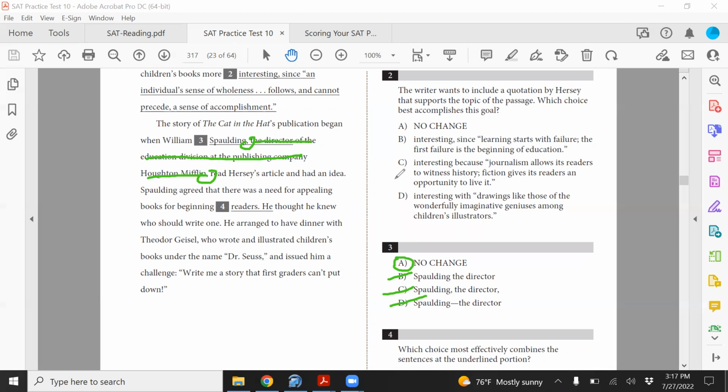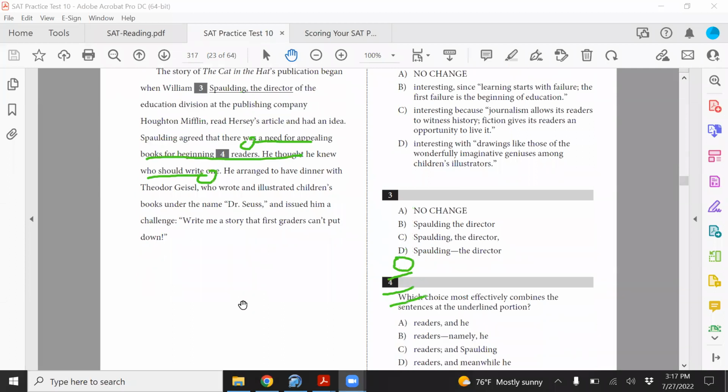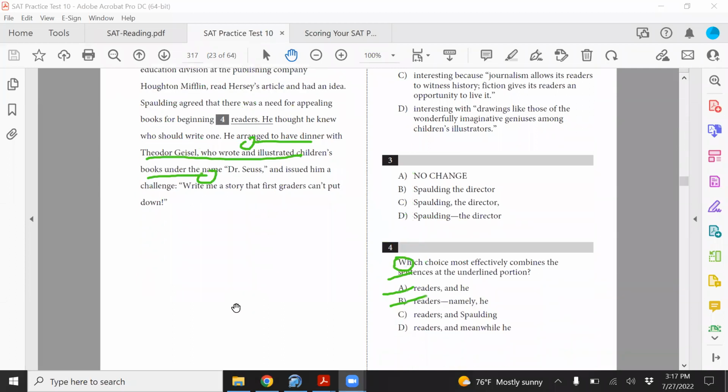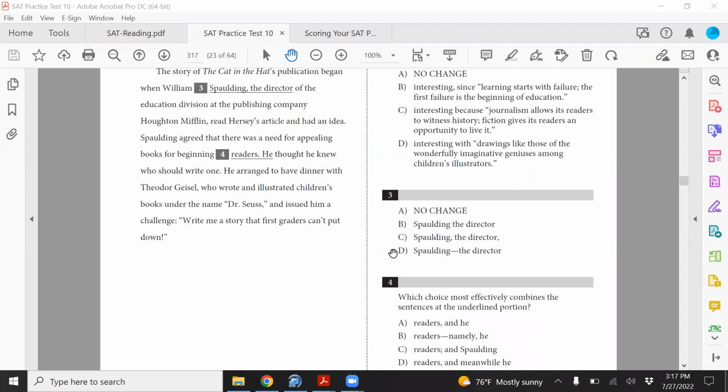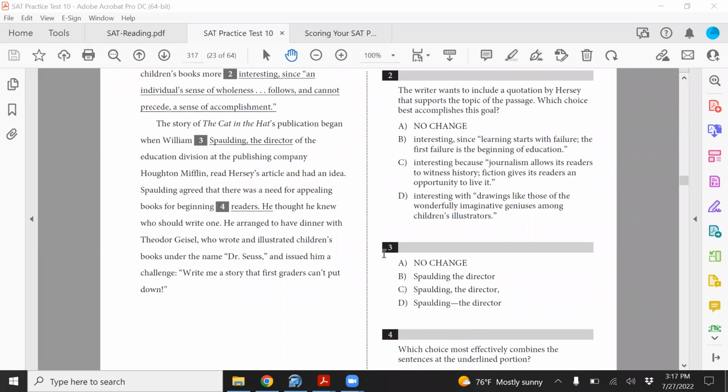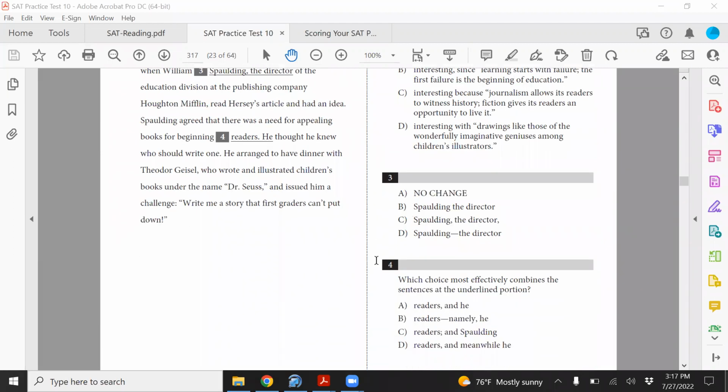Now you want to combine these sentences. Yeah, that sounds weird with D. And the semicolon's like a period. Anything before and after a semicolon must be a complete sentence.